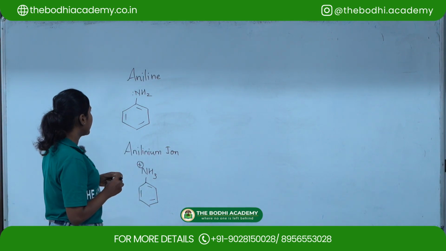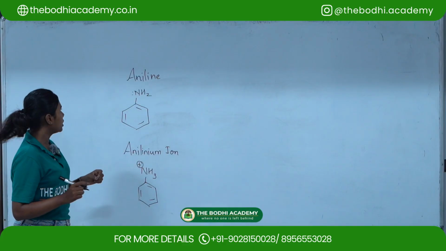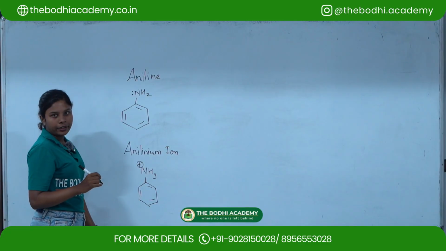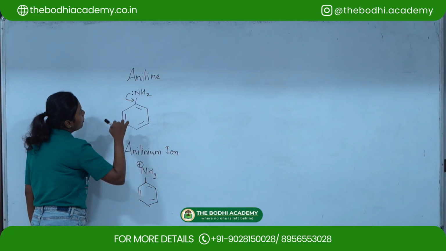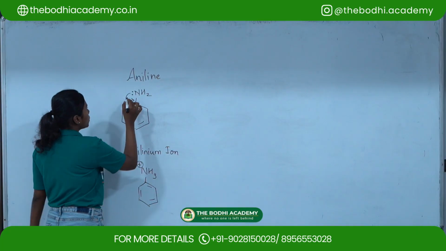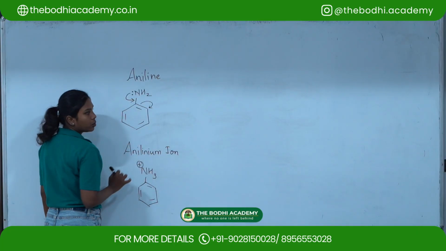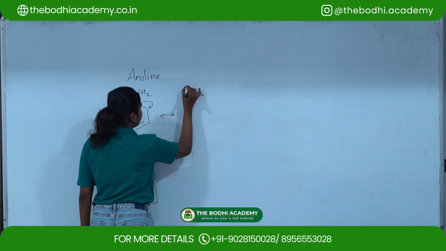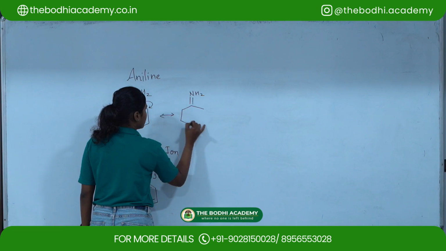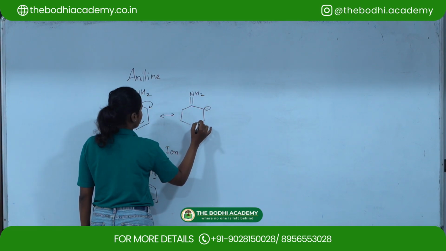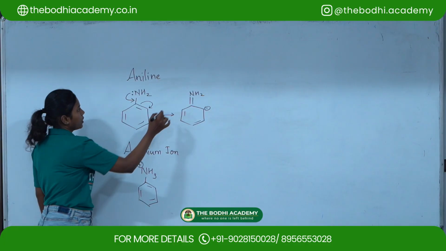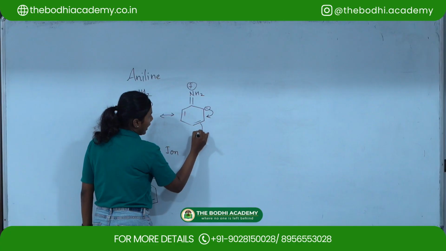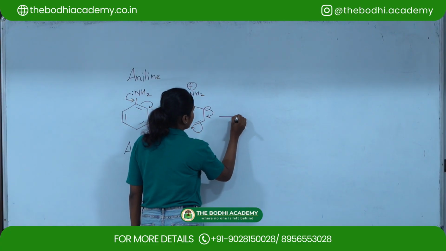Now let's look quickly at the resonating structures in both of the molecules. In this case, this nitrogen has a lone pair of electrons which will participate in the resonating structures. This lone pair will come down and this bond will shift onto this carbon. So we get a double bond to NH2 and a negative charge here, and these bonds remain the same. Then this negative charge again moves over here and this one moves on to this carbon, so we get the next structure.